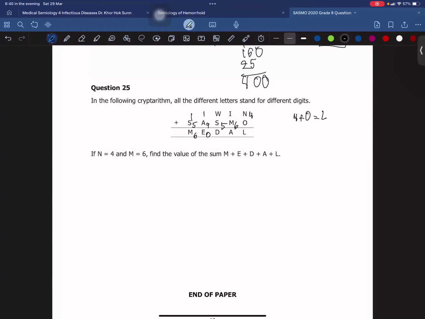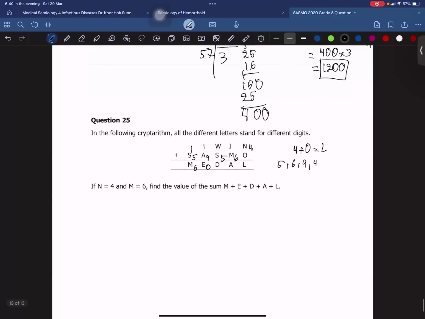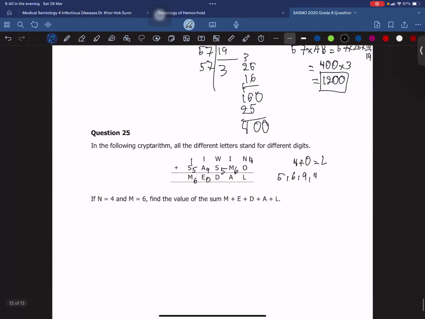Okay, so what do we need? We already used 5, 6, 9 and 4. So what do we have? Okay, so what if we have l as 1?